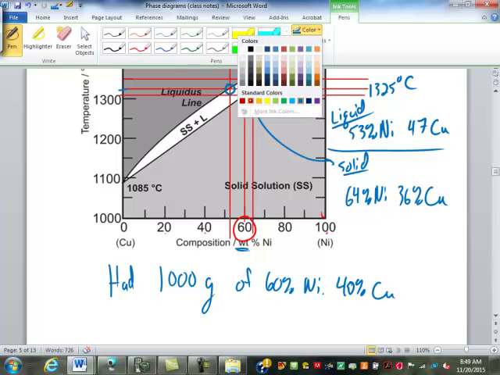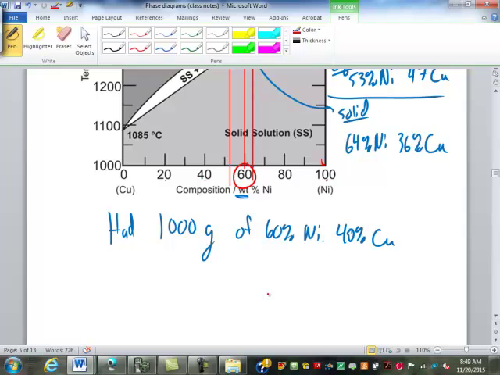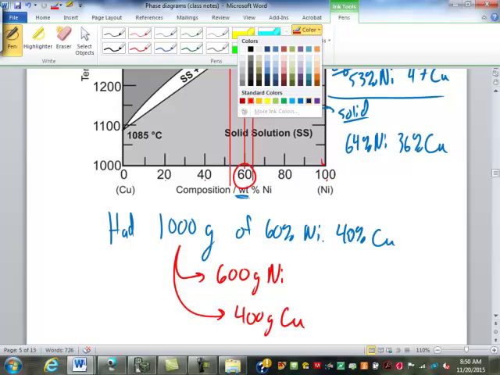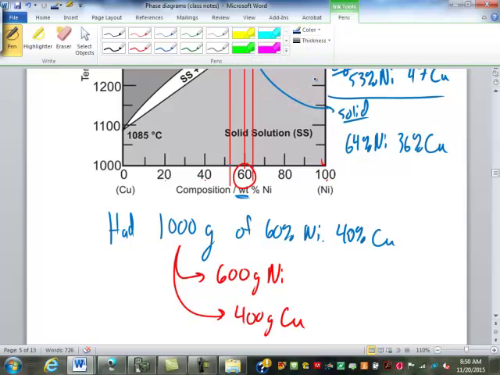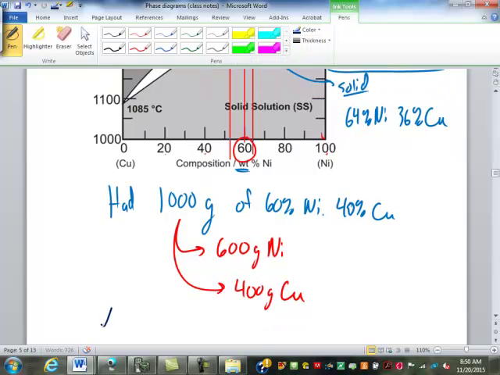What that means is, what's 60% of 1,000? 600 grams of nickel. 40% of 1,000? 400 grams of copper. Right? Let's say that of that 1,000 grams, X grams becomes liquid. And Y grams become solid.